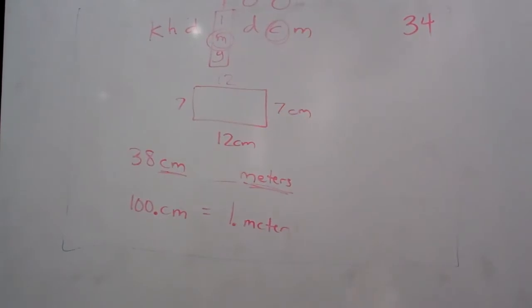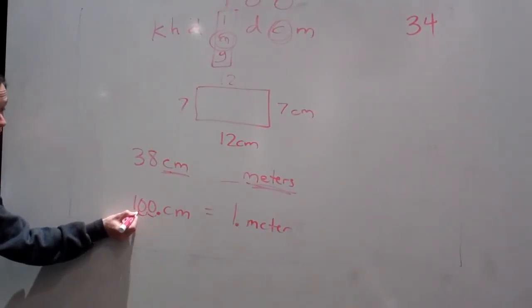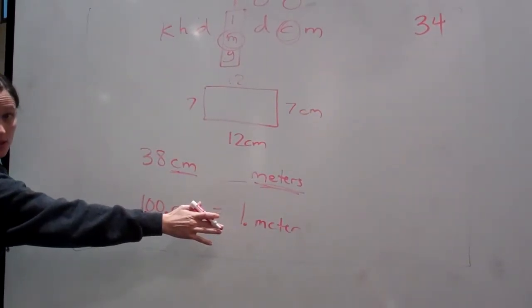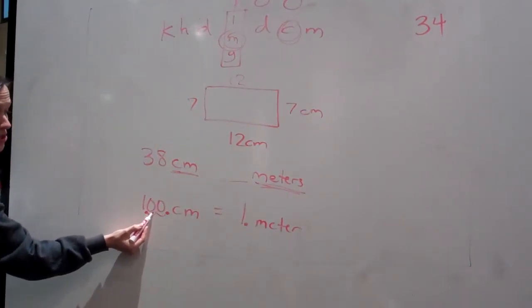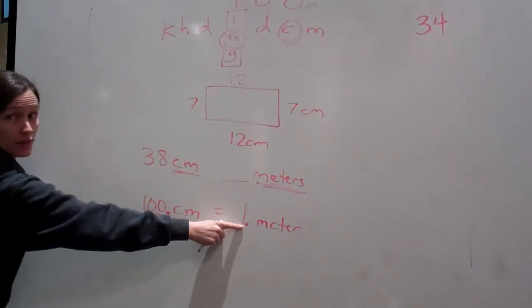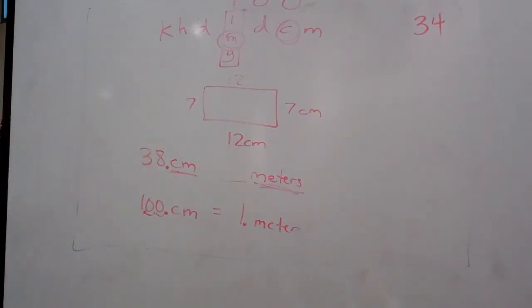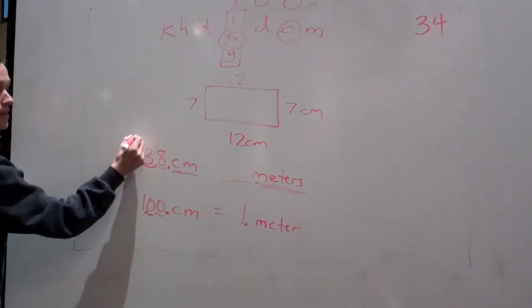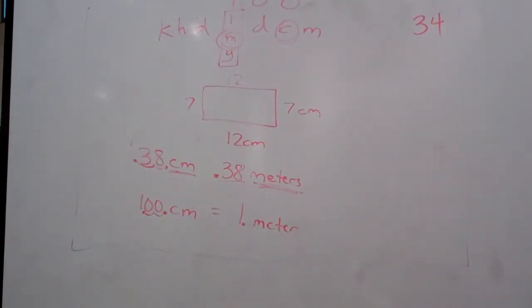You move it to the left 2 spaces. 1, 2. That equals that, right? Does everybody see that? I moved the decimal 2 spots to make this be that. So I'm going to move the decimal how many spots? 2. So my answer is 0.38 meters.